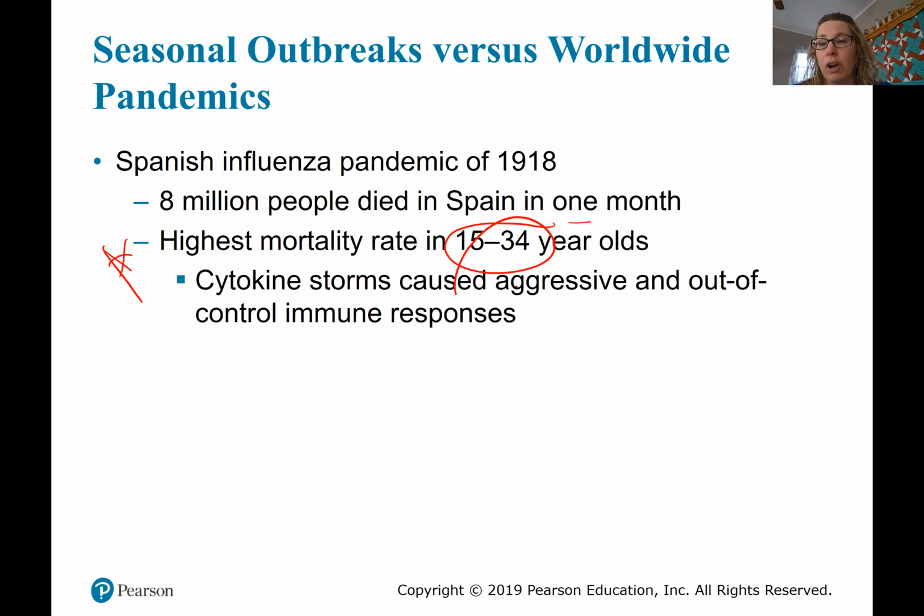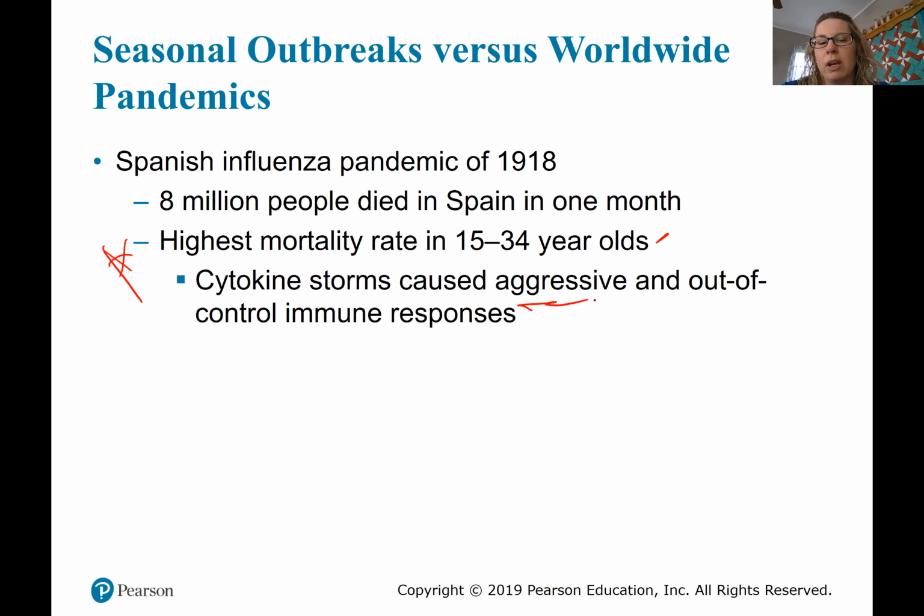Usually we think of the very young and the very old that are going to succumb to influenza, but here it was the younger adults, and I've heard various explanations on perhaps why that was, and we don't know 100% for sure, but as the video will show you as well, basically what happens is the immune system overreacts, and the lungs can fill with fluid and then cause pneumonia and death.